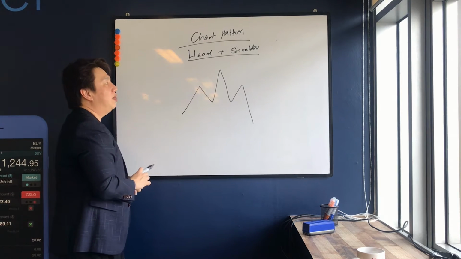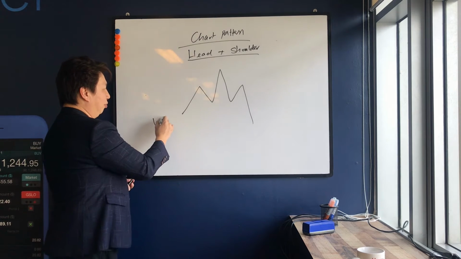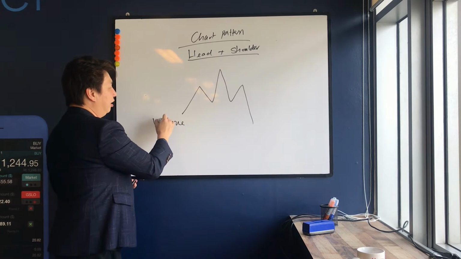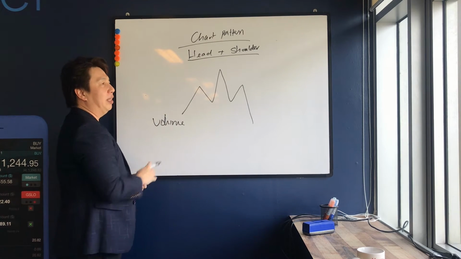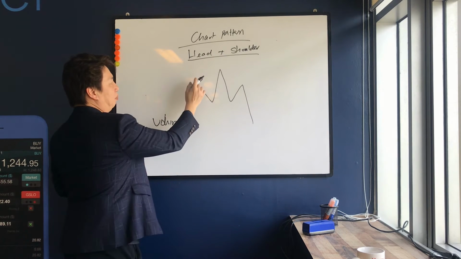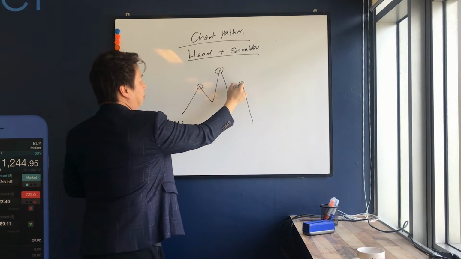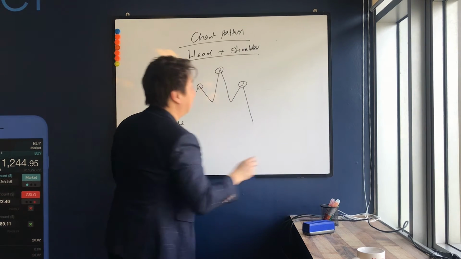First thing first, in the head and shoulder pattern is the volume. In the head and shoulder pattern, the volume for each of the peaks, there's a peak here, there's a peak here, there's a peak here, usually decreases.